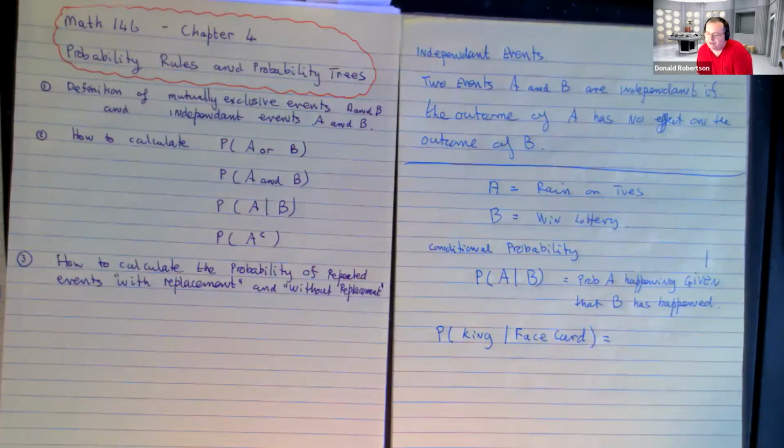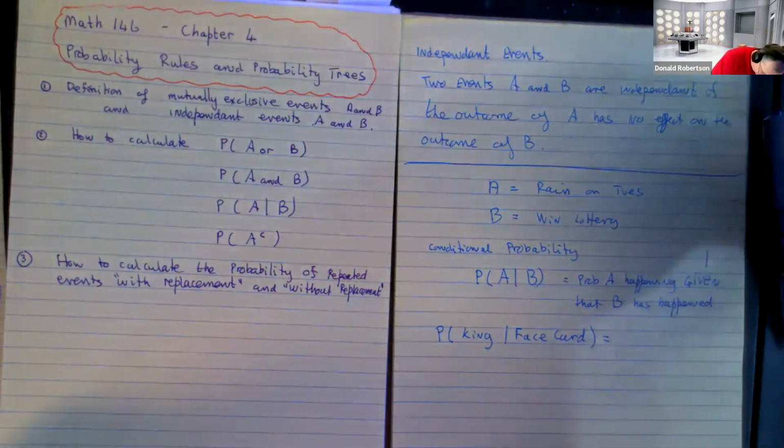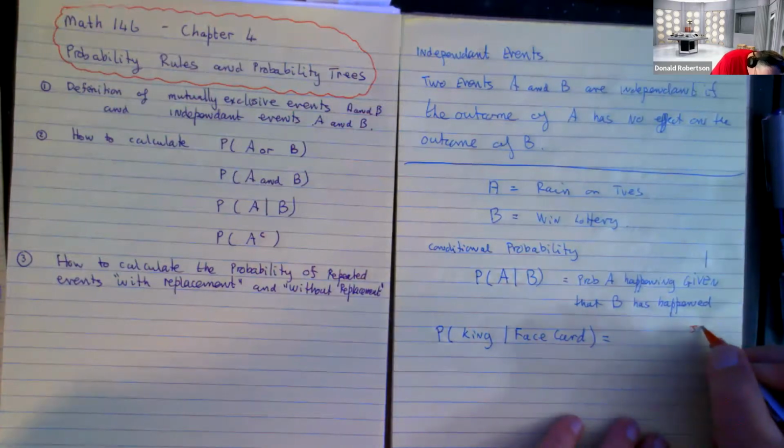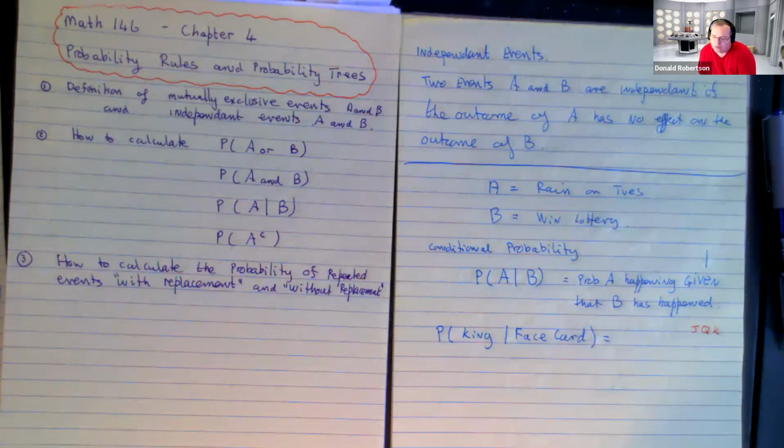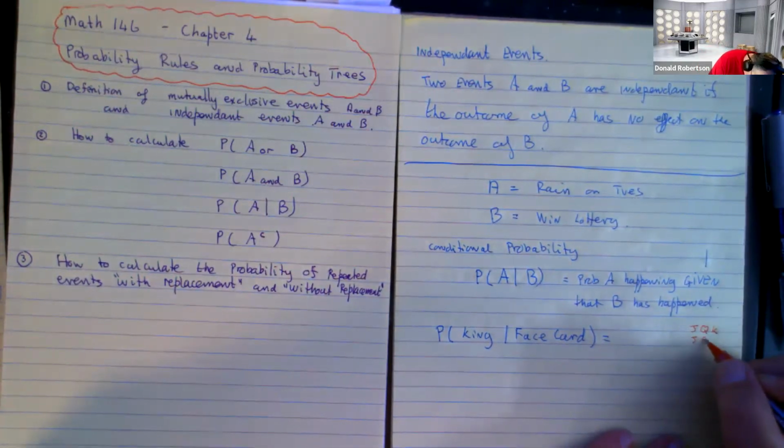What's the probability it's a king? Now, if you don't know a lot about cards, which is possible, a face card is a jack, a queen, or a king. And I think they're called face cards because they have pictures of people's faces, right? A jack's a guy and a queen's a female and so on. Now, there are actually 3 in each of the 4 suits.